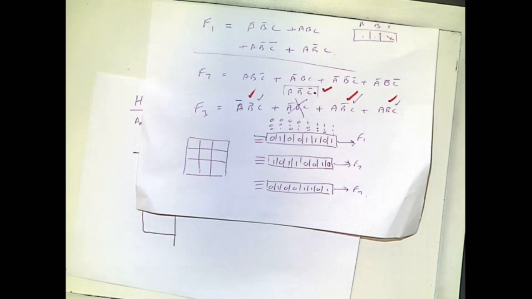N bit memory, how many address lines? Exactly. So for n address lines, we have 2 to the n bits we can address.